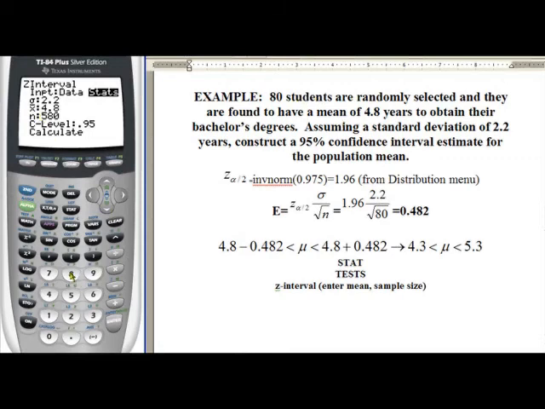That's 80. And then the confidence level, 0.95. And calculate. And as you see, you'll get the same answer, 4.3 to 5.3. And that will be your confidence interval for this type of problem.